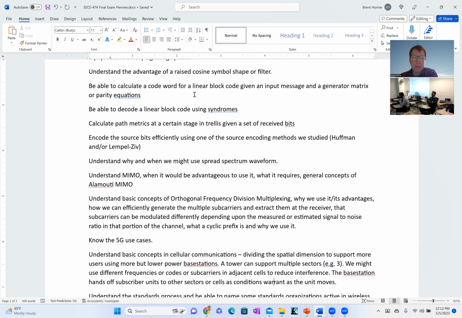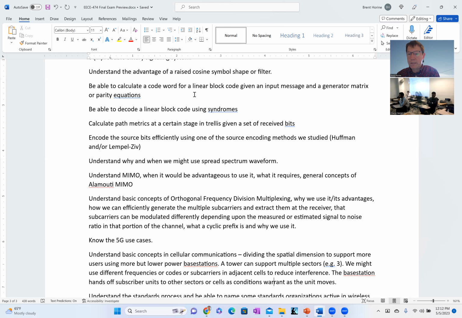We also, in the previous exam, decoded a linear block code using syndromes, and some did great on this, and some had some problems on that. So basically, I'm giving those that had problems with it a chance to really learn this and demonstrate that they know it now, right? So that's why these things are showing up again on the exam.